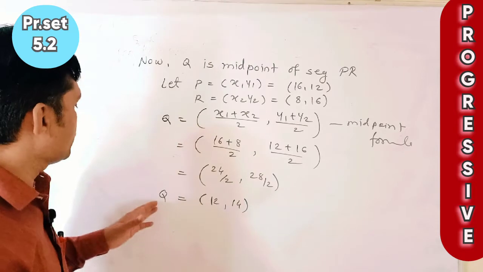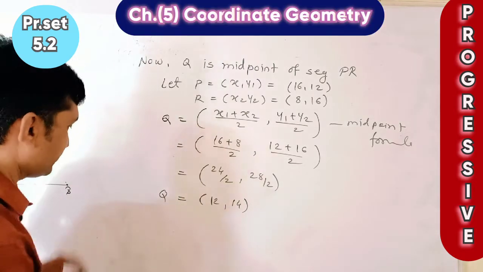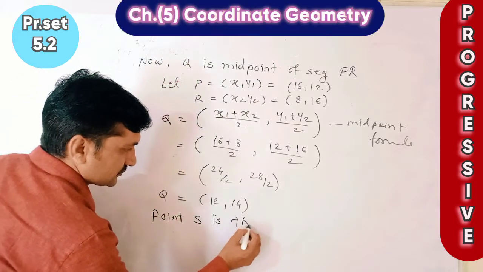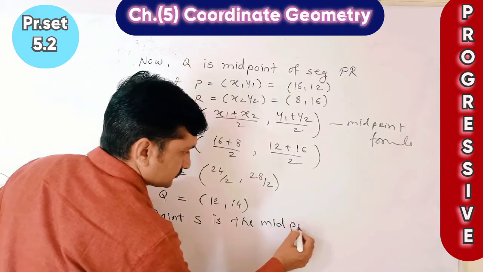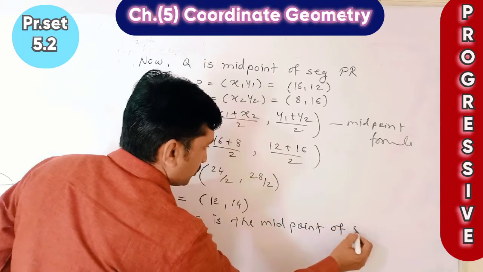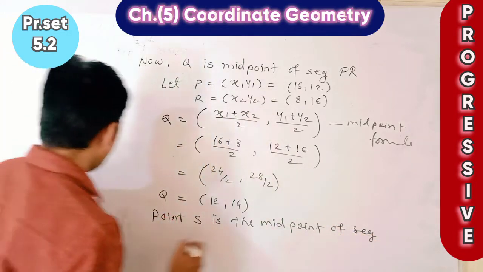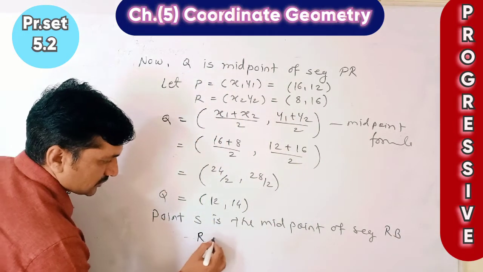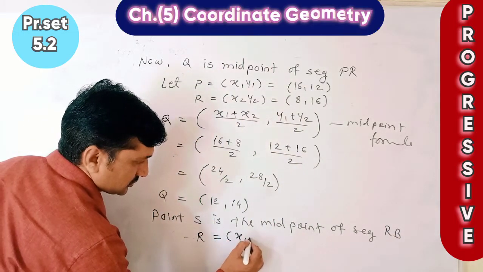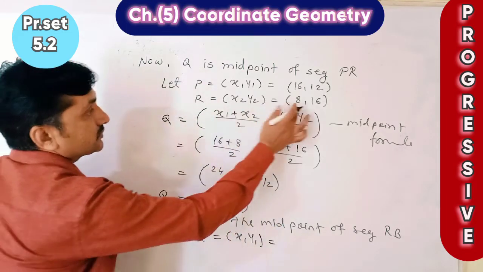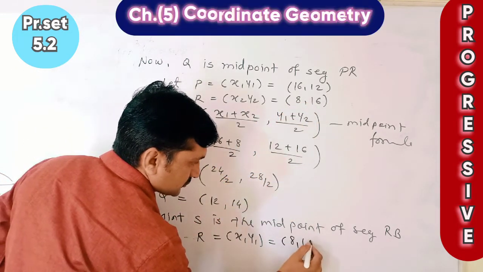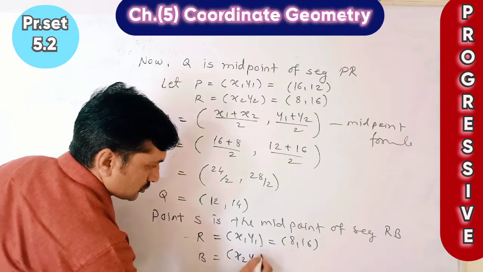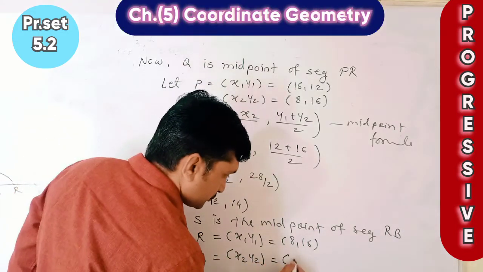After that point S is left. Point S is the midpoint of segment RB. Let R be (x1, y1), R is (8, 16), and B be (x2, y2), which is (0, 20).